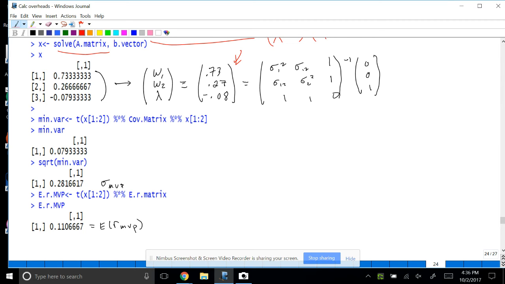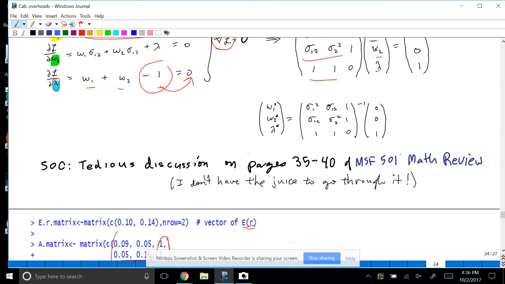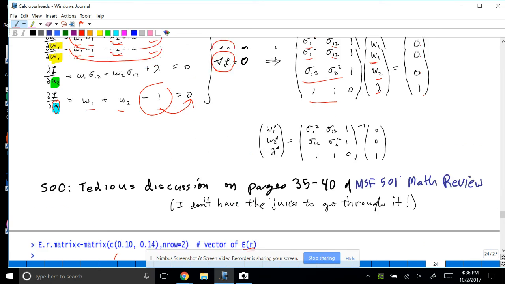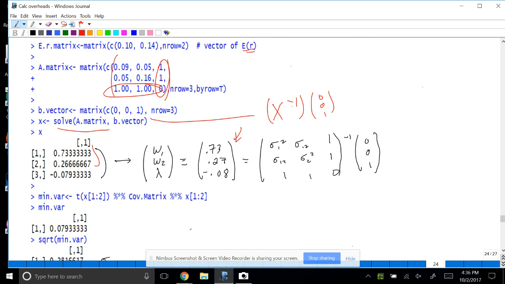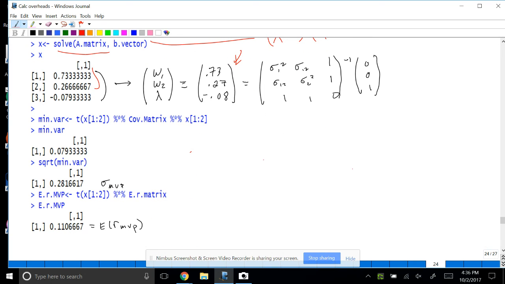Once I find these portfolio weights, the utility, well, man, what is this function? Okay, so this is a minimum variance portfolio. The expected return is going to be 0.73 times 0.27 times the returns that I said were 10%, 14%.